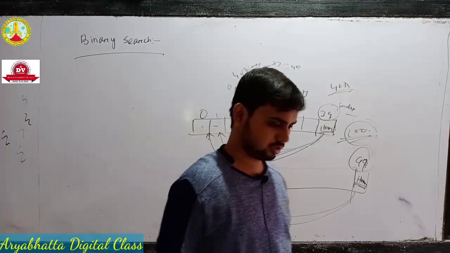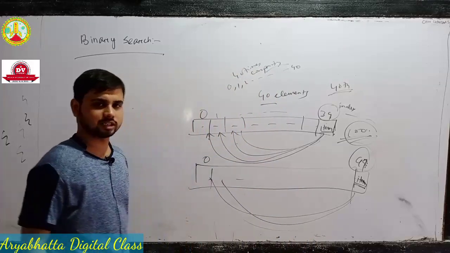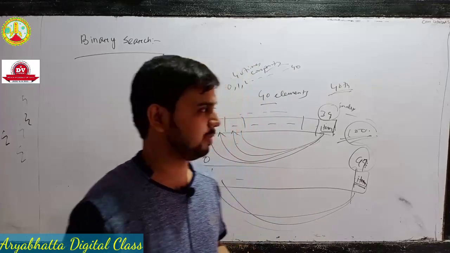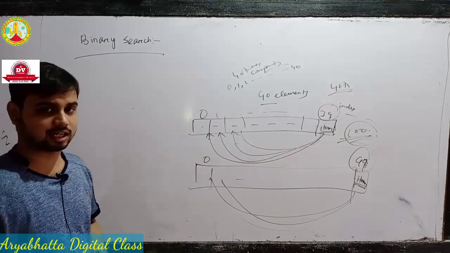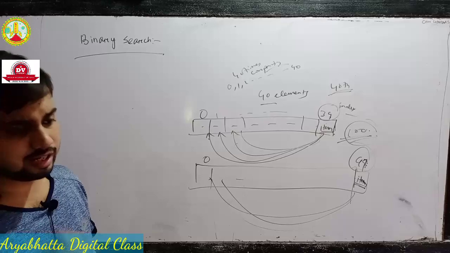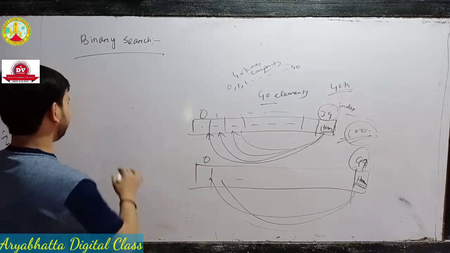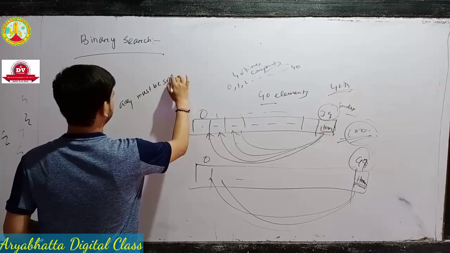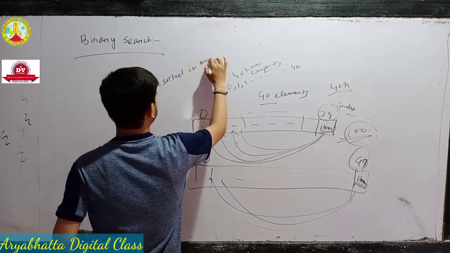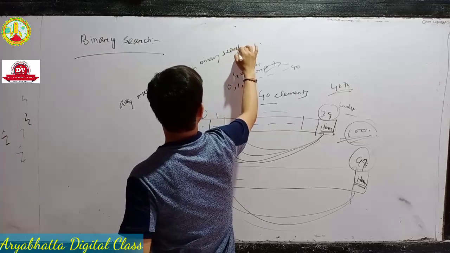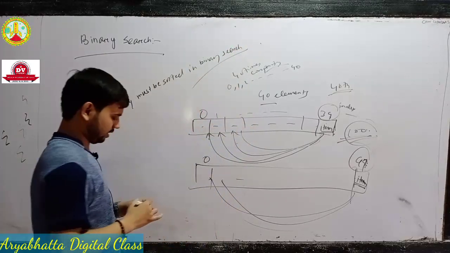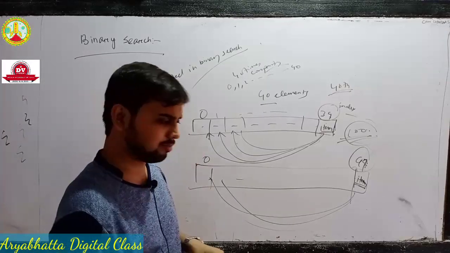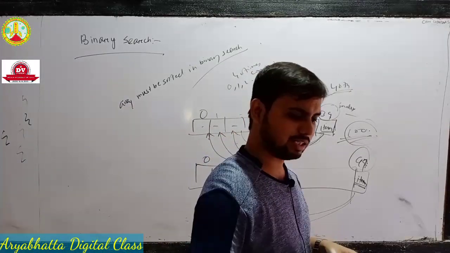But linear search has an advantage and binary search also has an advantage. The main thing is that in binary search the array must be sorted. Sorted means in an order, either ascending or descending.